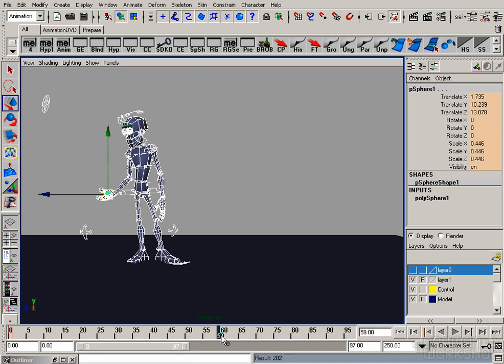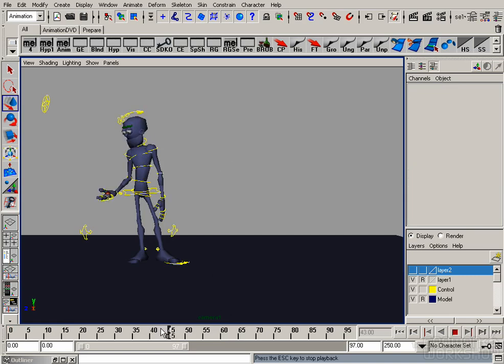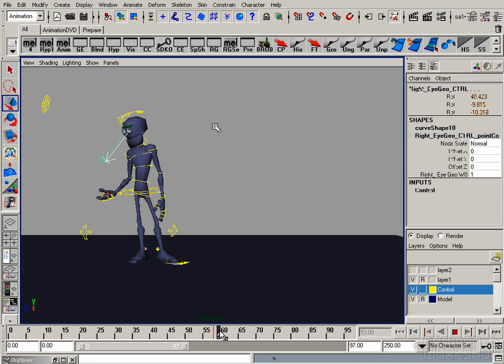So what I do to avoid that, I take the key at 1 or 0 and put it at 59, and I put a double key there at 58. So it is basically blocked, and he's jumping from one frame to the other. This double key thing, I do it all the time in order to block something out.